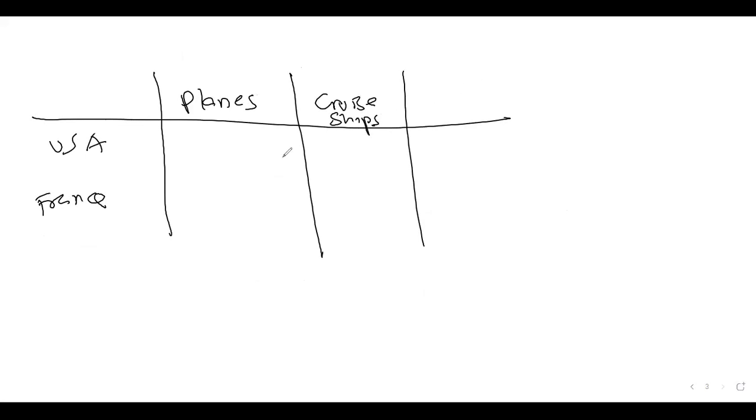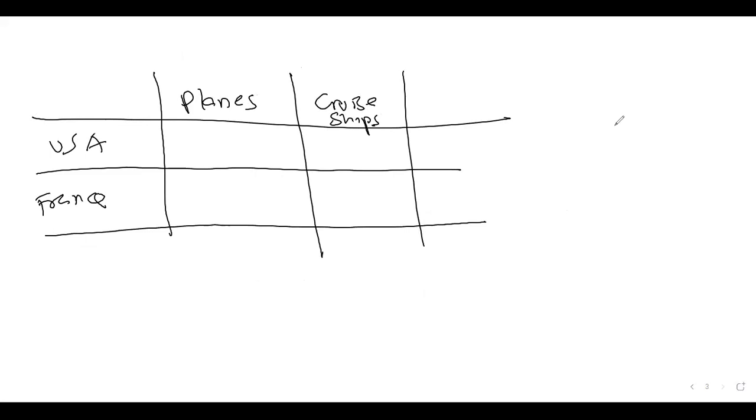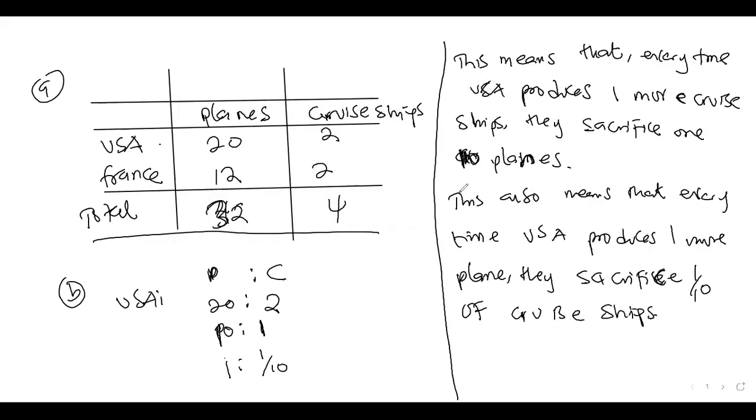All right. So here, remember that for US it is 10 planes to one cruise ship, and for France it is 6 planes to one cruise ship. Let's look at something very interesting here. If they are specializing, it means that for US, these 2 cruise ships will flow over and become planes.